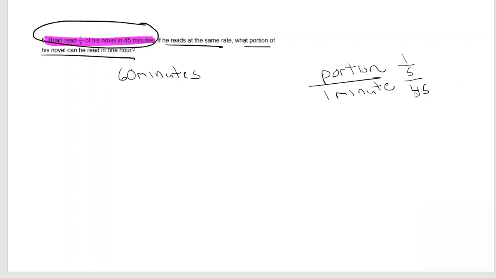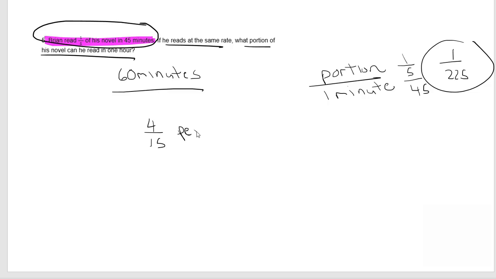So if we take the 1/5 and we divide that by 45, we're going to get this fraction of 1/225. Now this is for 1 minute. So if he can read this portion of his novel every 1 minute, when we times that by 60, we're going to get 4/15. That tells us how much of his novel he can read per hour.